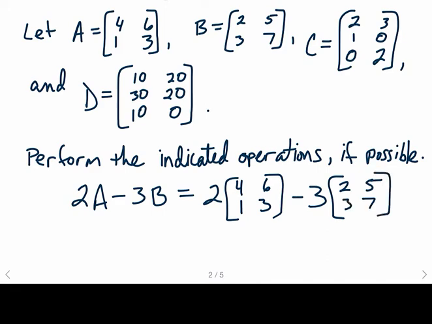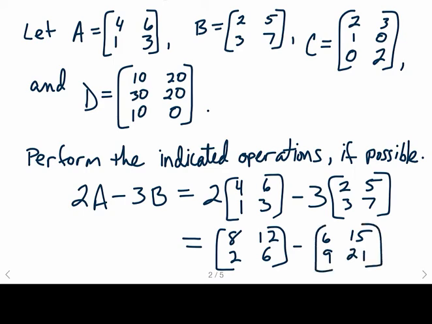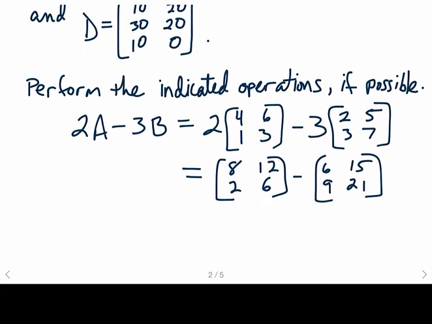I find it easiest to multiply by the numbers first and then deal with the addition or subtraction second. So 2 times 4, 6, 1, 3 is going to give me 8, 12, 2, 6. And then 3 times 2, 5, 3, 7 is going to give me 6, 15, 9, 21. And then finally subtracting those two.